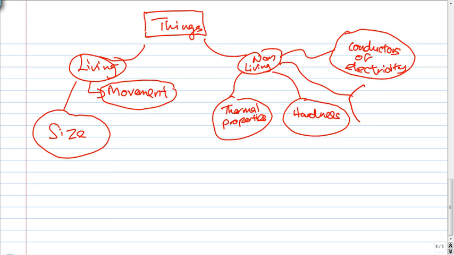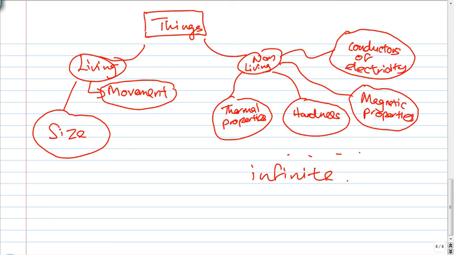Also we can classify them according to whether they have any magnetic properties. Okay, so on and so forth. It's infinite. There are an infinite number of ways to actually classify objects.